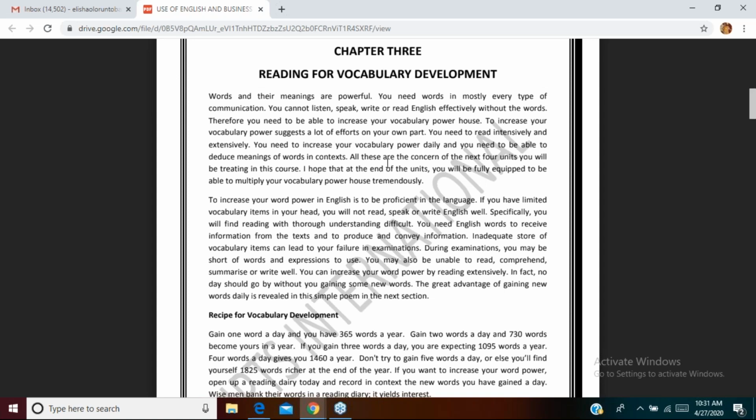So when you know how to pronounce all these sounds correctly, when you don't only know the alphabet of the English language, but you know the sounds of the English language, you will be able to communicate effectively. We're talking about the use of English, so you must be able to use English correctly.